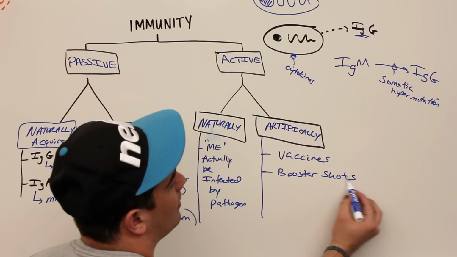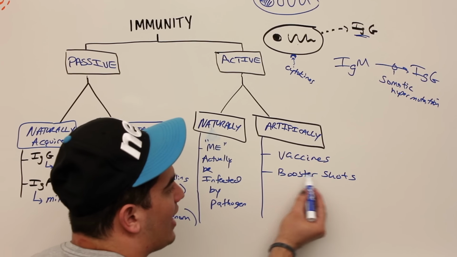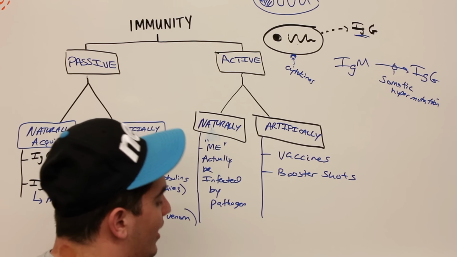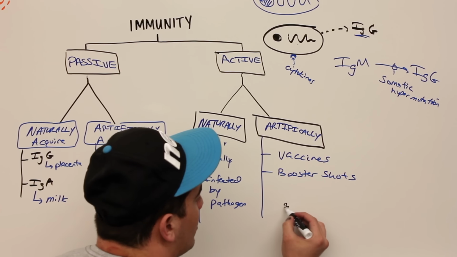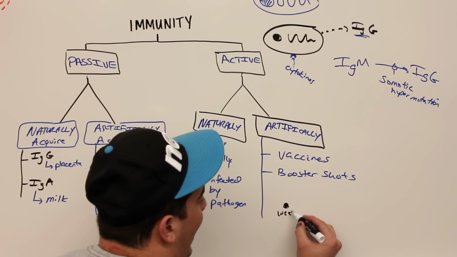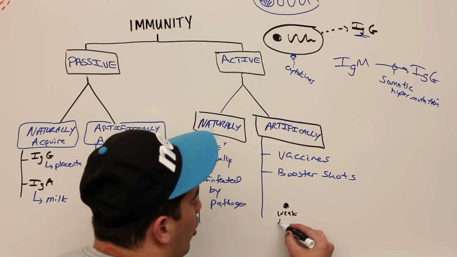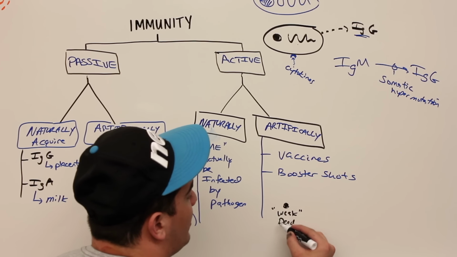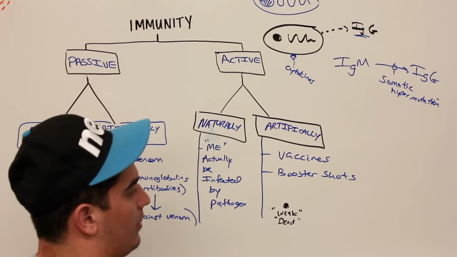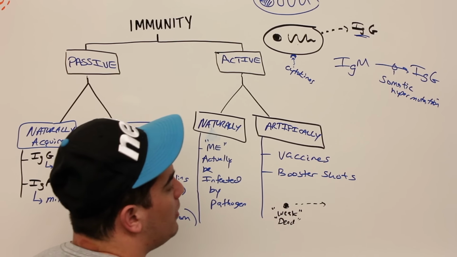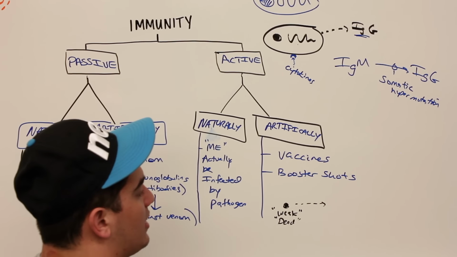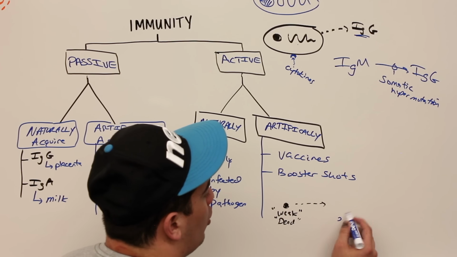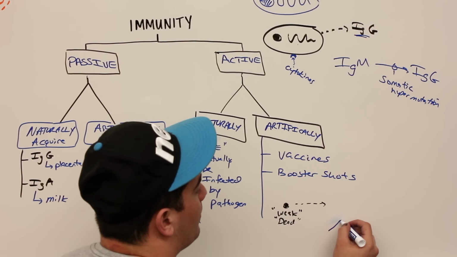Why is this active? Because in vaccines or in certain types of booster shots, they literally give you a weak antigen. So let's say here's the antigen. This antigen is weak, or we can even say dead. So they're weak, attenuated, or dead antigens. And then my immune system produces antibodies against that actual weak or dead pathogen.